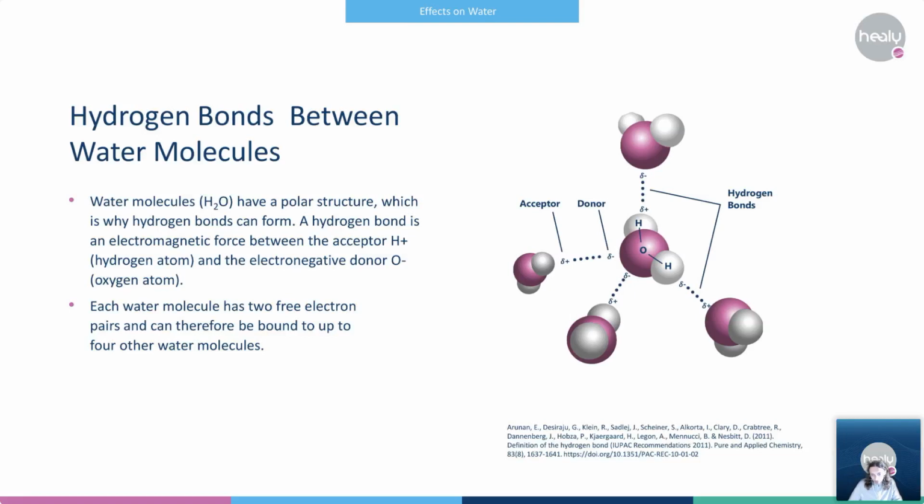So the H is positive, the O is negative, which means that through the liquid form of water, they can easily form hydrogen bonds. What does that mean?